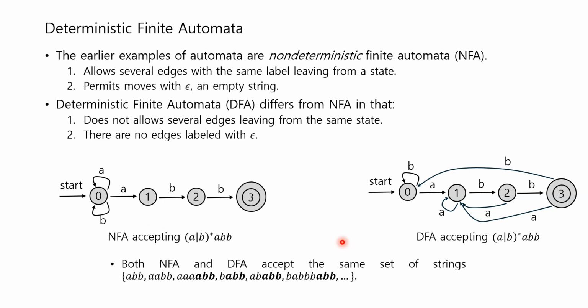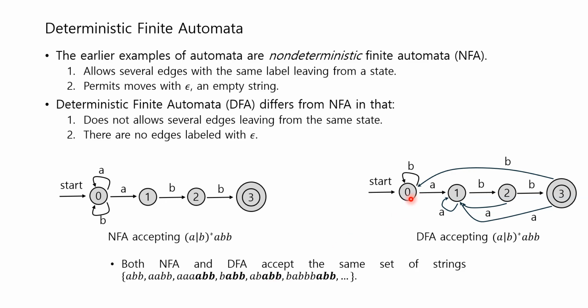So looking at the DFA, it generates strings ending with ABB, with A's or B's as prefix. So let's see whether we can have ABABB, for example.